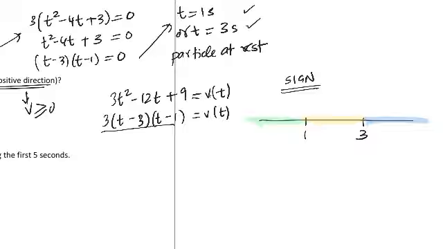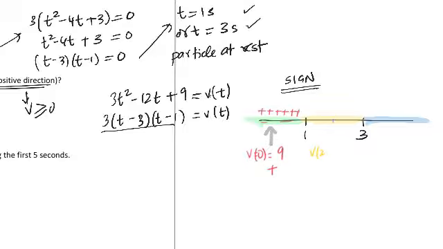So for example, for this interval right here, we can put in t is equal to 0, just check the velocity at that number. You can take any point in this interval, right? So I picked 0 because it's a convenient number, and v of 0 is equal to 9. So 9 is positive, so therefore the velocity for this whole time here is going to be positive, right? And I'll talk about why in just a minute, but for the yellow interval, I might pick 2 as a number to check there, right?